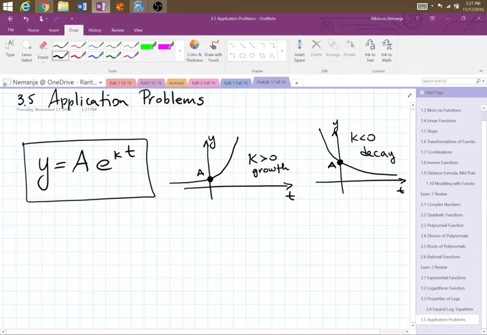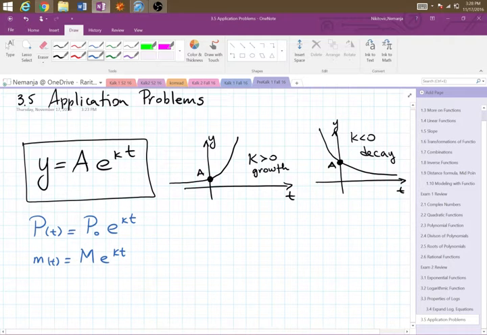Now what I'm going to do is I'm just going to take this formula and write it in terms of things that we want to explore. For instance, population at any time is initial population times e to the kt. Or let's say the mass at time t is equal to initial mass times e to the kt. This would be the decay of garbage or radioactive elements and so on.